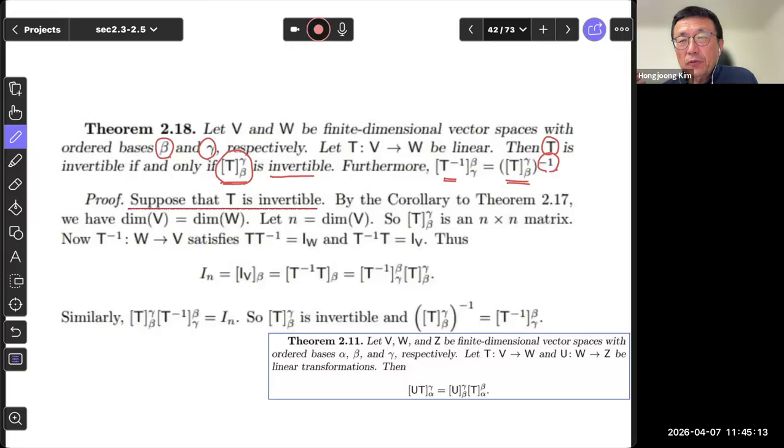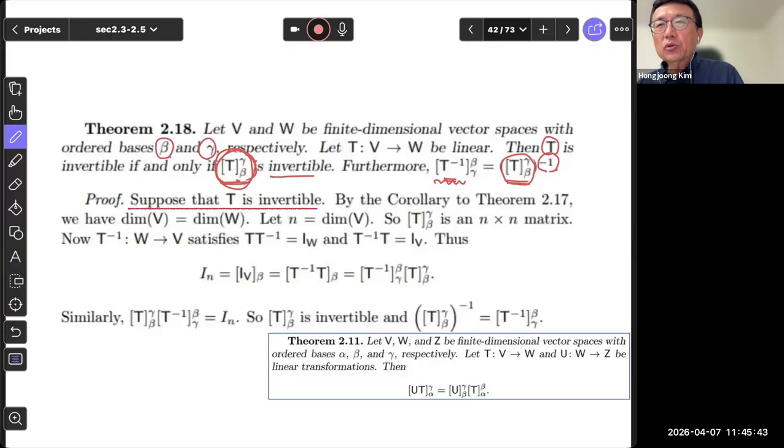So if T is invertible, then the matrix with respect to beta and gamma will be invertible. And additionally, the matrix representing the inverse of T can be easily obtained from the matrix representing T. You can just simply take the inverse.